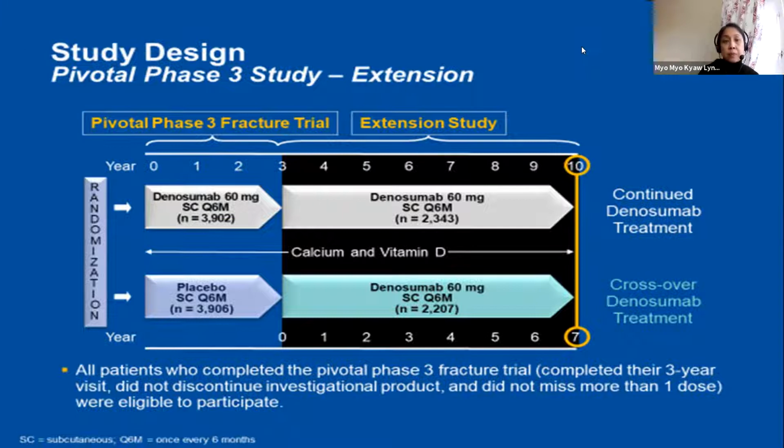So if you're treating your patients with denosumab, please start with the 2 years, and before you continue beyond 2 to 3 years, please let us know for further risk assessment, and then we can continue for 5 years. After that, we can make a decision whether we can continue beyond 5 years. I have some denosumab patients who are now using it for about 7 years, and so far they have no problem.